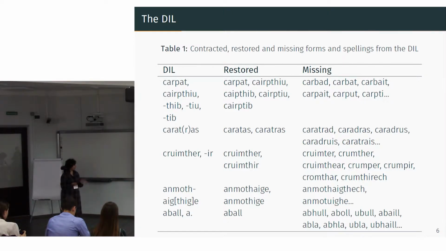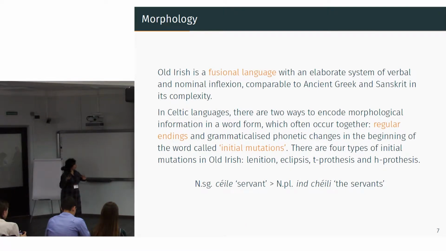Right? So we have to deal with one more pre-processing problem here, to restore the contracted forms. Well, okay, it's doable. Then, what makes Old Irish data quite complicated to work with? It's a fusional language, right? But the grammatical information is encoded not only at the very end of the word, but at the beginning as well, and in the middle, because it has some infixation.